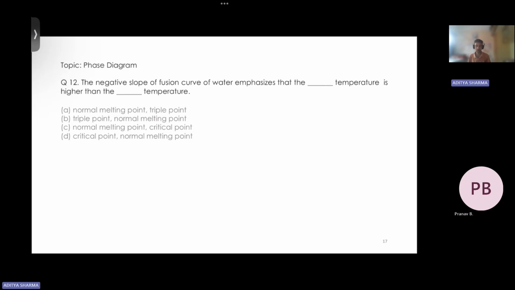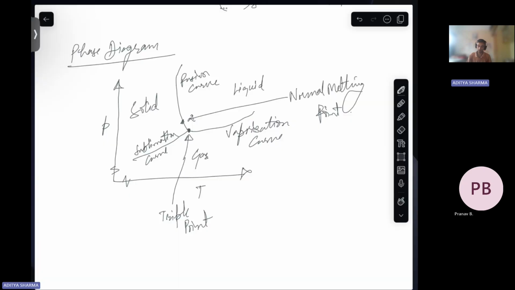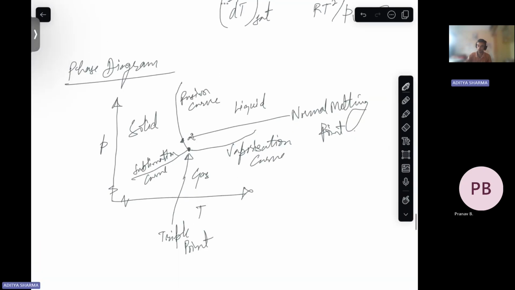Yes, when we discuss this phase diagram topic, these two points have been described. Okay, the triple point and the normal melting point. So if you see the diagram here, this is your normal melting point and this is your triple point.